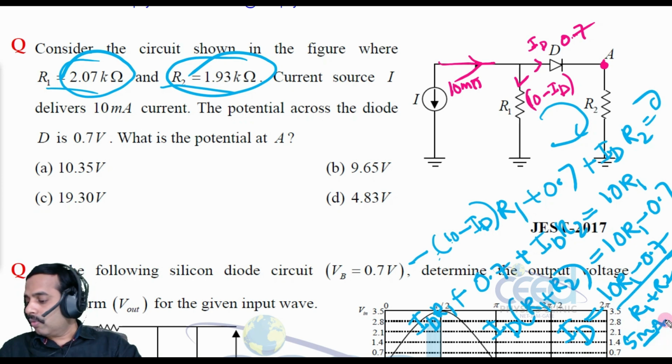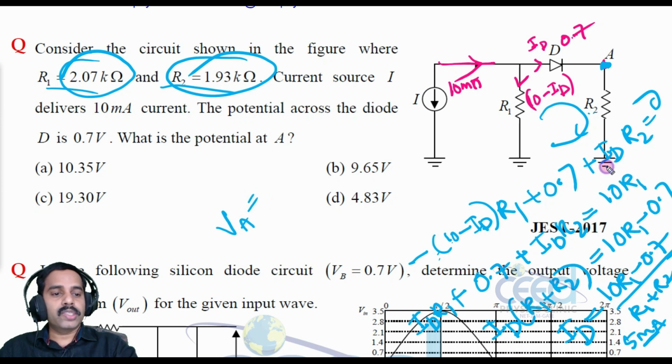Once I get this ID value, we can find this potential. The potential across the resistance R2 is ID into R2. So VA minus 0, because it is grounded, is equal to ID R2.